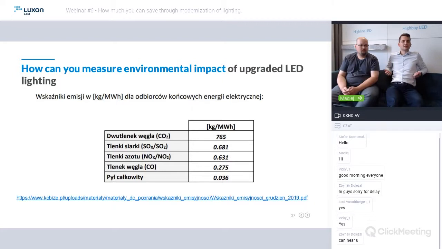So every single facility that cuts CO2 emissions gets a payment for that, and they get this white certificate that states how much CO2 they saved into the environment, into the air.